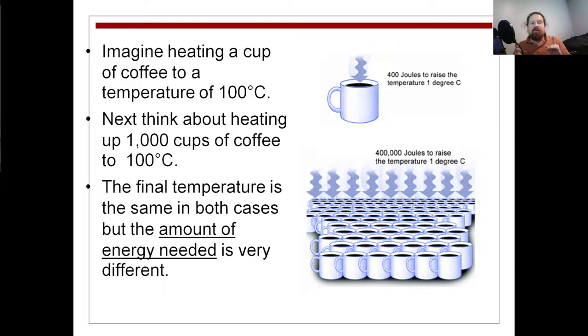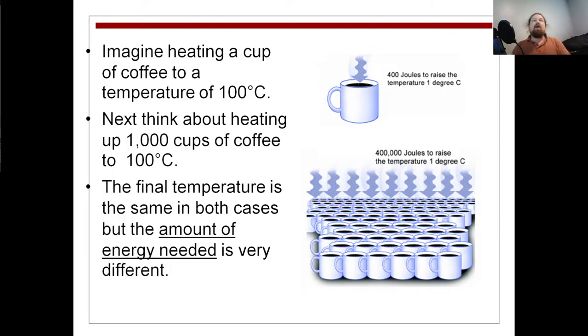But if you compare the amounts of coffee to each other, the 1 cup at 100 versus the 1,000 cups at 100, the 1,000 cups have more thermal energy total as a lump sum because there's more cups of coffee. They're all at the same temperature, but there's just more material present. And all of those different cups have their own amount of thermal energy.